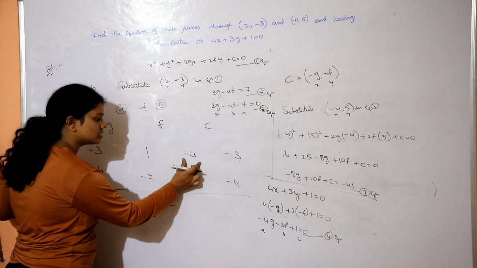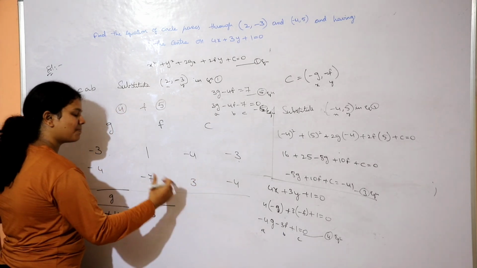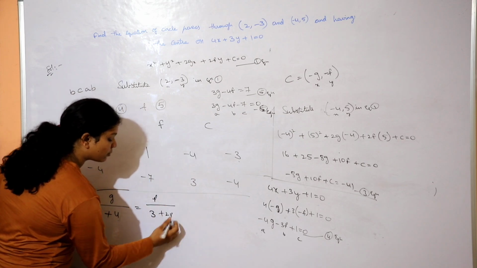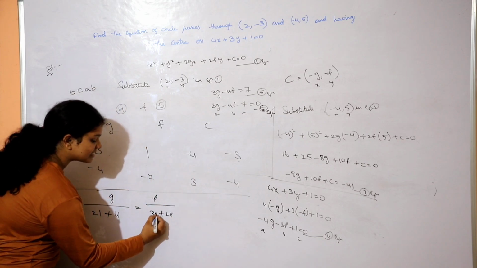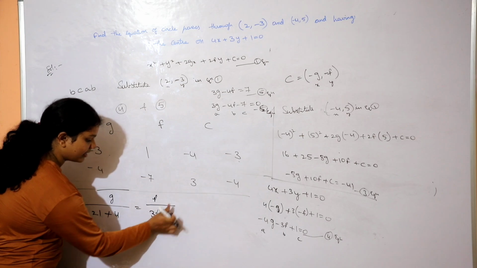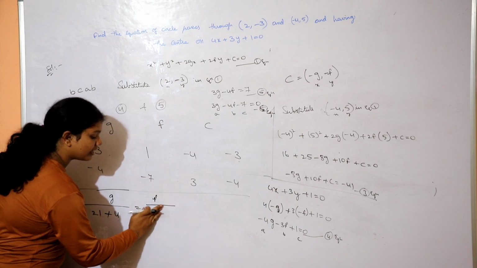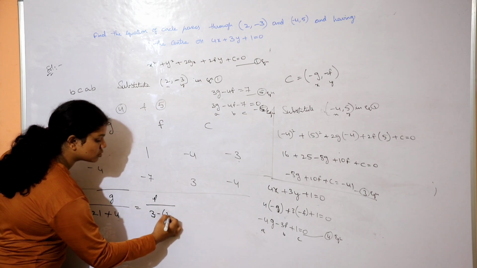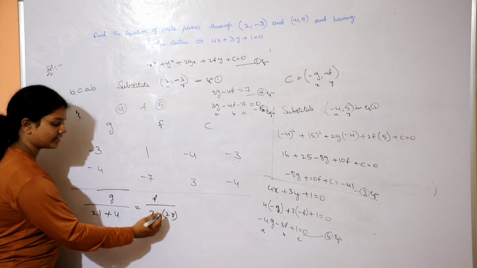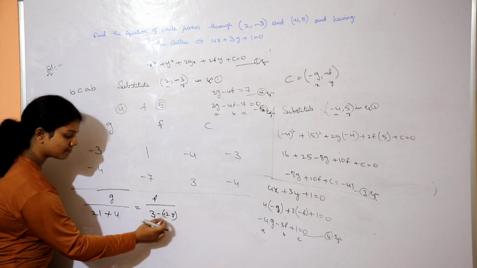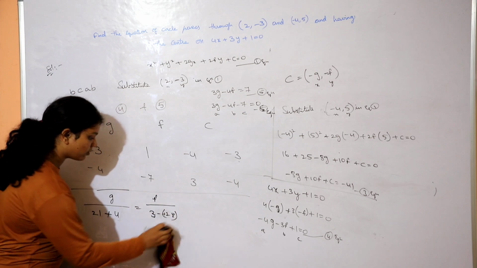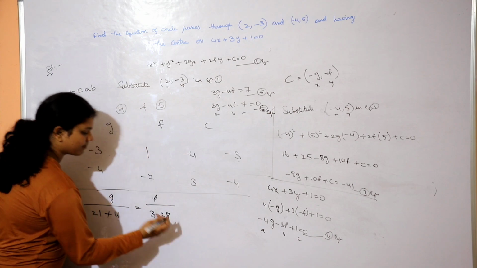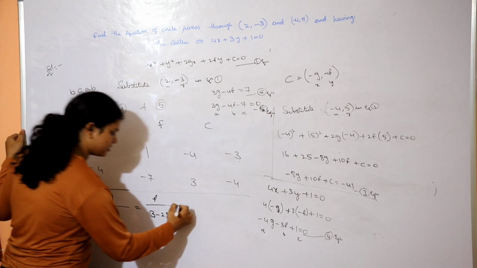Minus 7 into minus 4 is plus 28. But here minus exists, so this becomes minus 28. Plus into minus is minus, so you can just write minus 28 over here. Clear? Hope you are getting it.